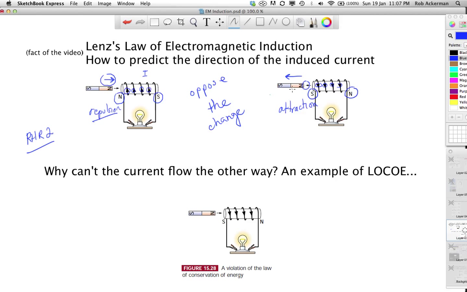A north is being removed, so a current results, which leads to a magnetic field which will try to attract or oppose the change that is occurring. All right? That is Lenz's insight, that he realized that induced magnetic fields will oppose the change that created them.